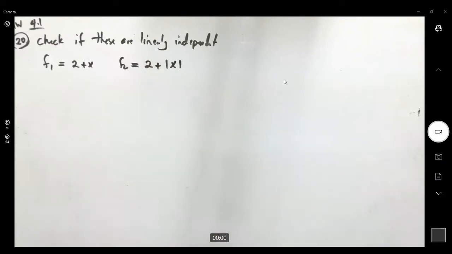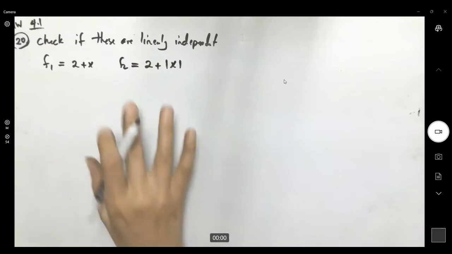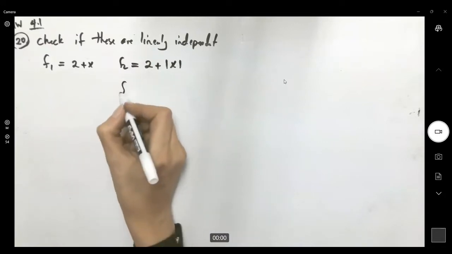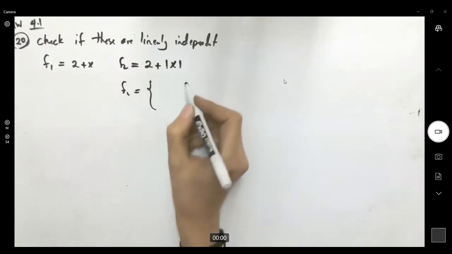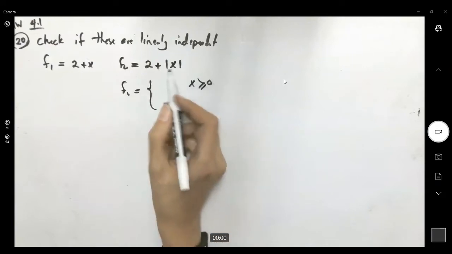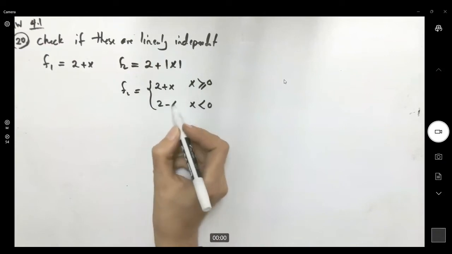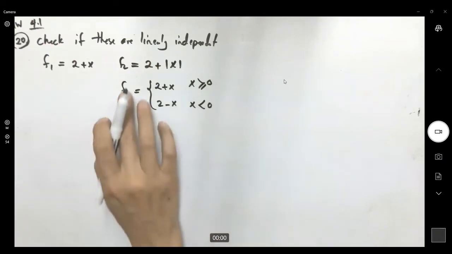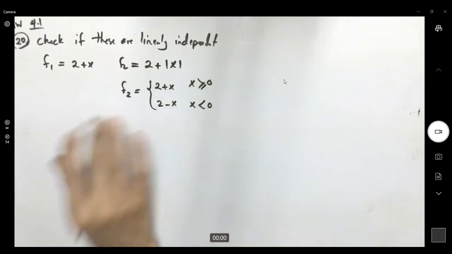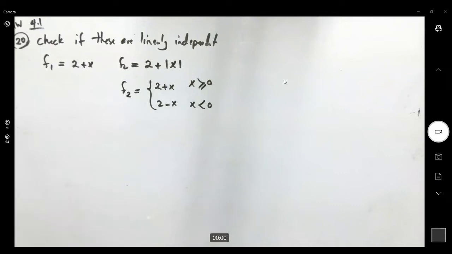So we have these two functions. What are we going to do? We're going to try to break down the absolute value. The absolute value becomes x if x is greater than or equal to 0, so you get 2 plus x, right? And if x is negative, we get 2 minus x. So we are just comparing these two, to check to see if they are linearly dependent or independent from each other.